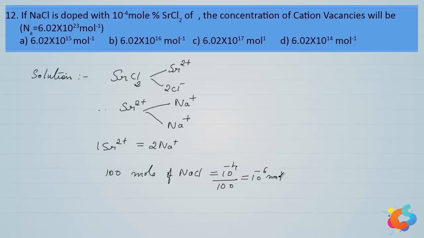As each 1 mole of strontium 2 plus ion introduces 1 cation vacancy, therefore the total number of cation vacancies is 10 to the power minus 6 into Na.